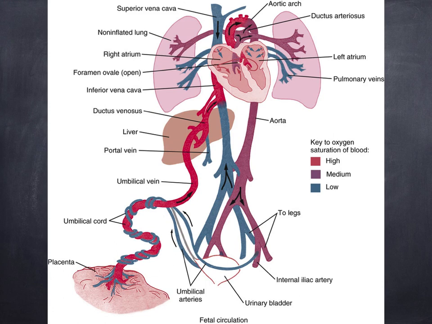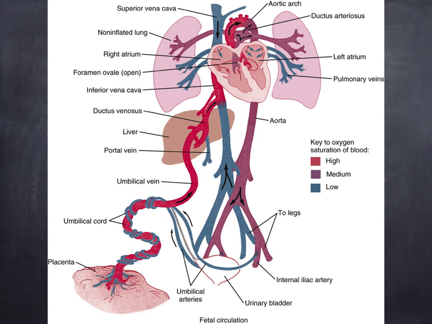And in fetal life, the right side of the heart has increased pressure to the left. So any defect causes right to left shunting. And the ductus arteriosus is between the pulmonary artery and the aorta. So the shunting occurs from the pulmonary artery to the aorta, bypassing the lungs. Again, a right to left shunt.